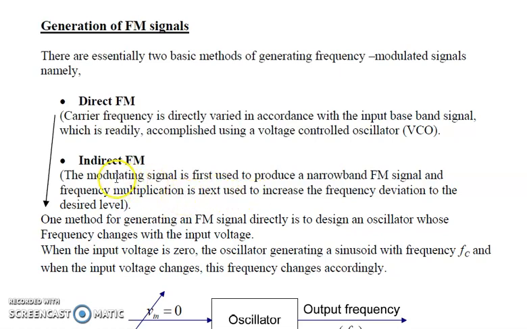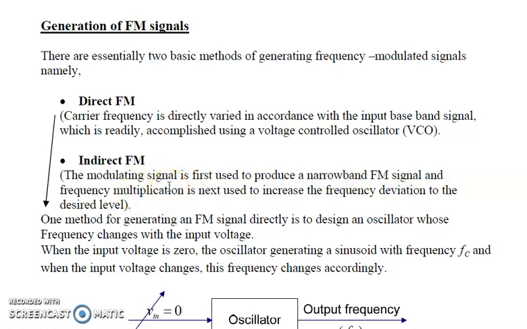So the indirect method of generation of FM includes a first step in which the modulating signal is used to produce a narrow band FM signal, and frequency multiplication is next used to increase the frequency deviation to the desired level. Now, what is frequency multiplication?